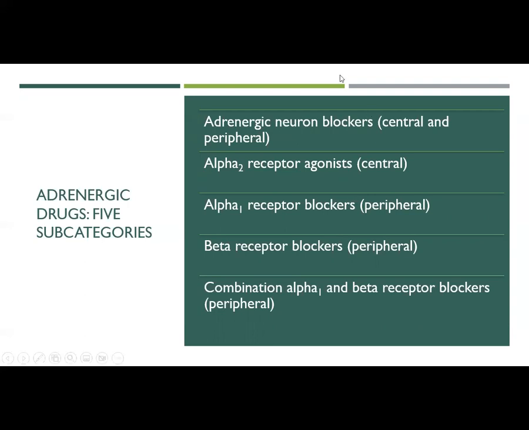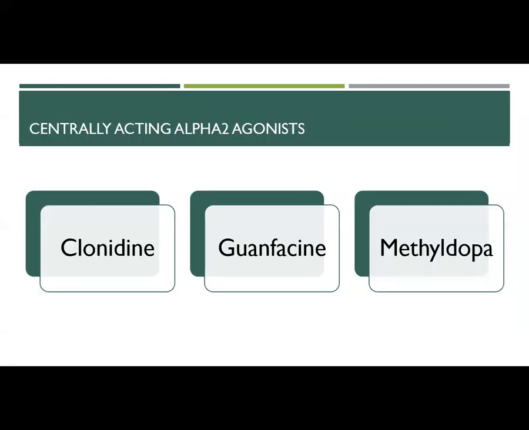We went over a lot of these, so the ones we're going to focus on more in this lecture are the centrally acting alpha-2 agonists. These include clonidine, guanfacine, and methyldopa.